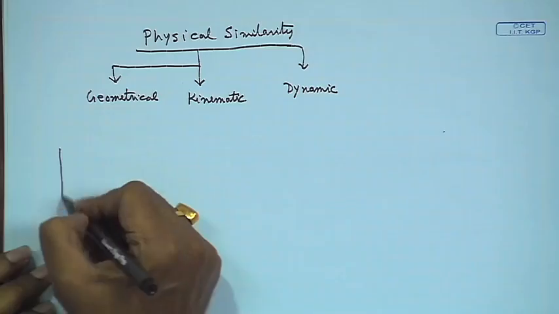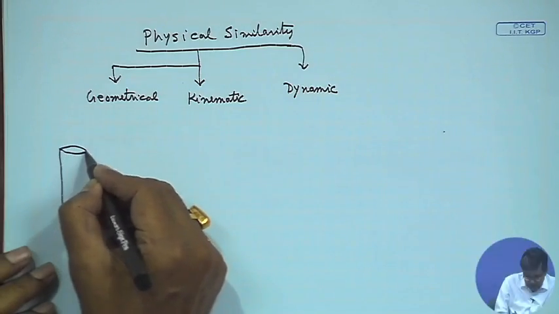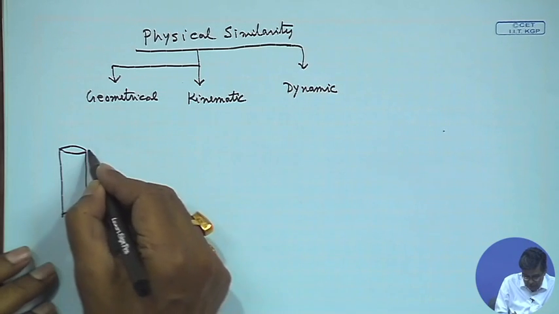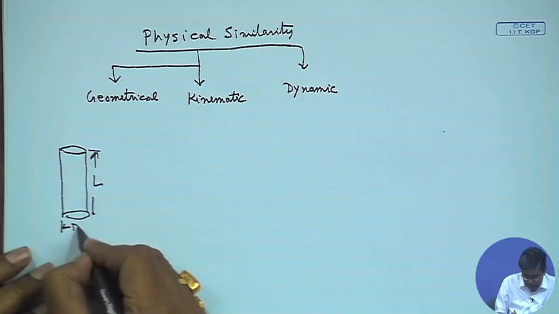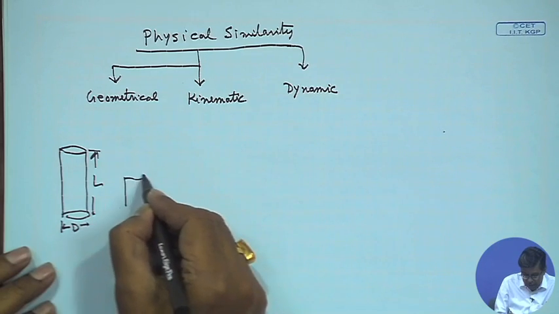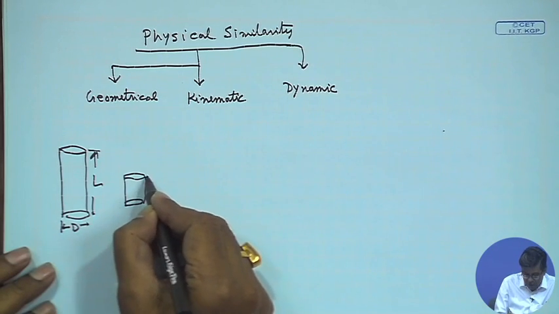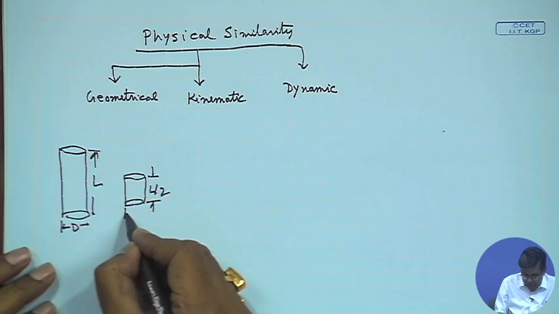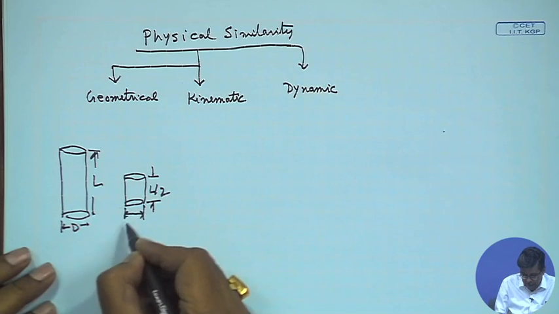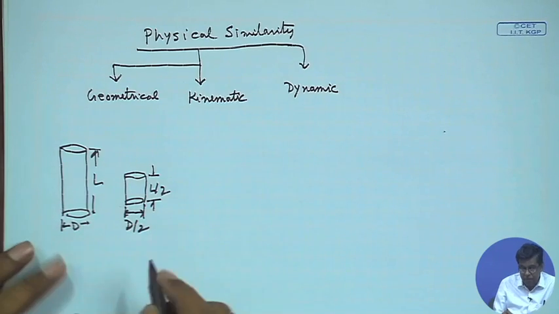An example I am giving of geometrical similarity: let us consider two cylinders, one whose length is L and diameter D. If we have another cylinder whose length is L by 2 and diameter is D by 2, they are geometrically similar.